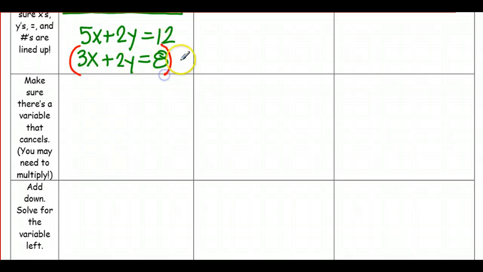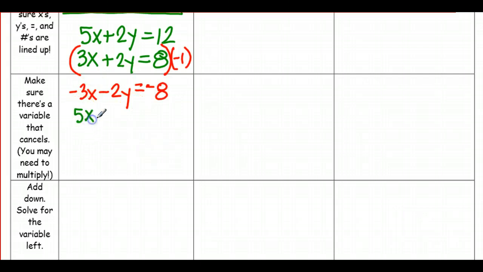So we're going to take one of the equations and multiply the entire equation by negative 1. So if I do that, we get negative 3x minus 2y equals negative 8. And then the top equation, which didn't change, is 5x plus 2y, which equals 12.